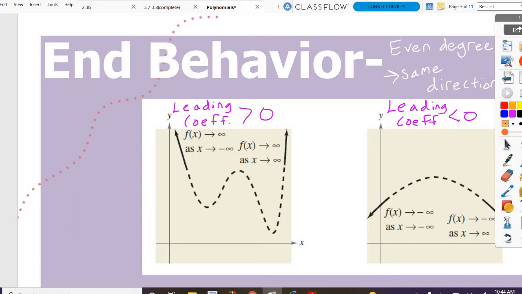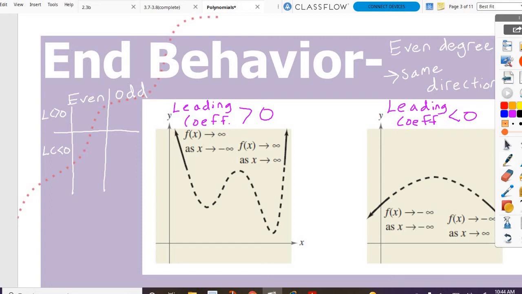So in general, it might be helpful to have something like this. If I have even, odd, I'm just going to abbreviate. So LC is positive, LC is negative. Okay. So if it's even, right, they have to point the same direction.